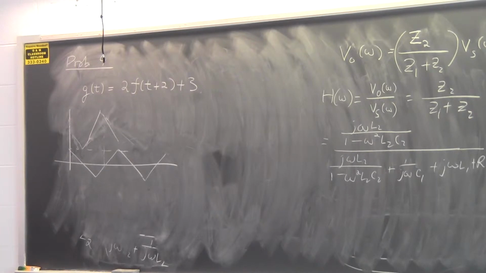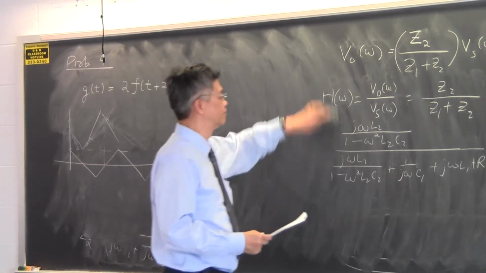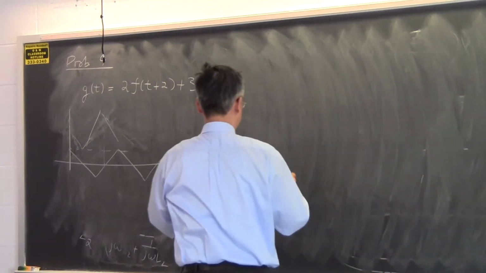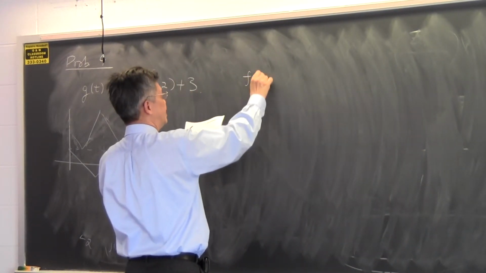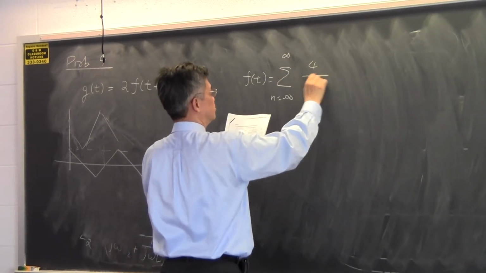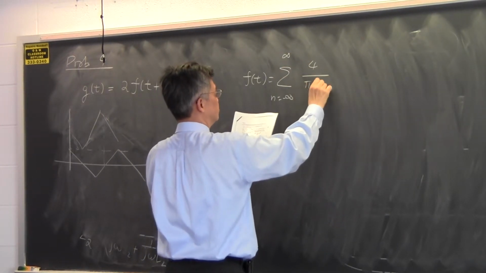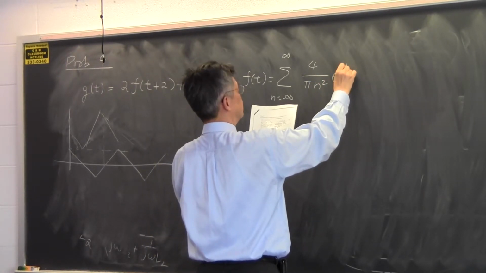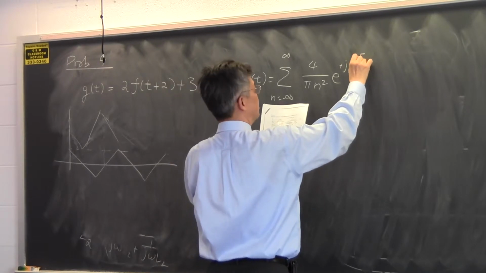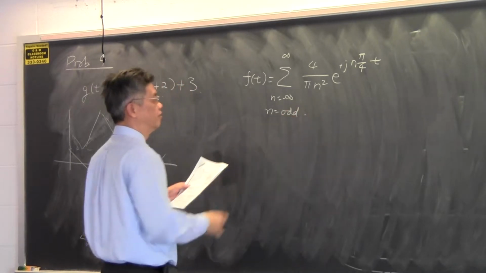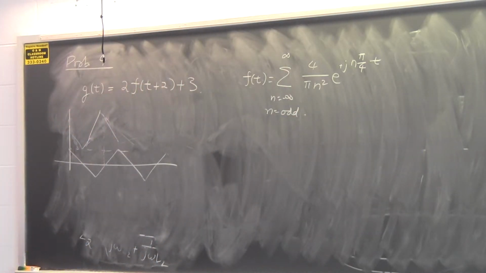So once you know this, you know the Fourier series expansion of one of them. You know that f of t has this Fourier series expansion, with n pi over 4 t, and n is equal to odd. Okay, only the odd terms are in the sum.